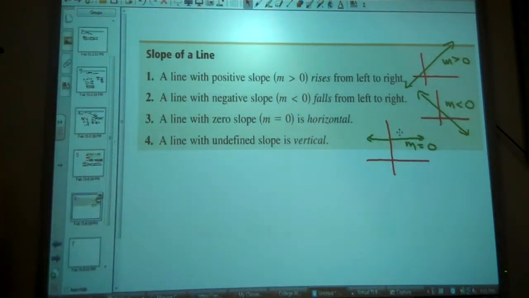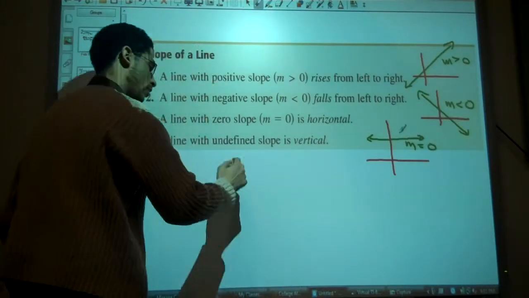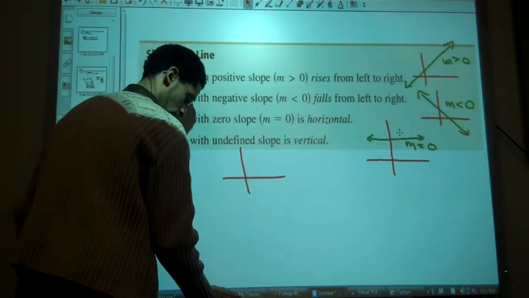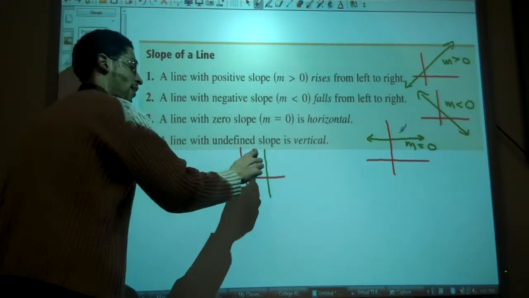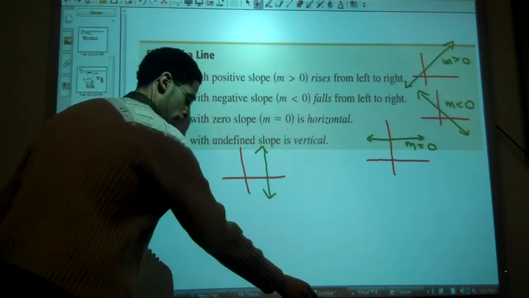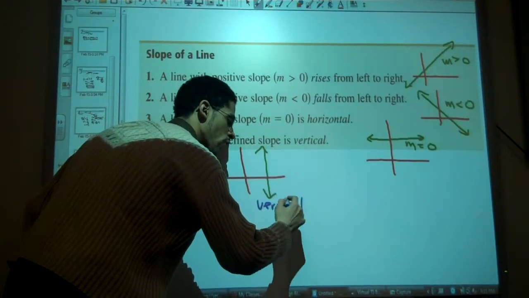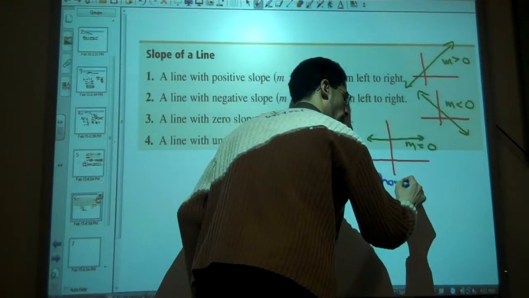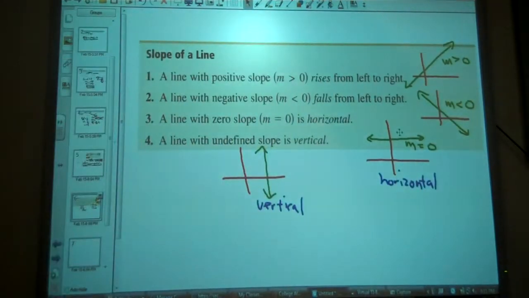And then finally here, a line with an undefined slope is vertical. So that's a line that's parallel to the y-axis. This is called vertical. And this guy here is called horizontal.